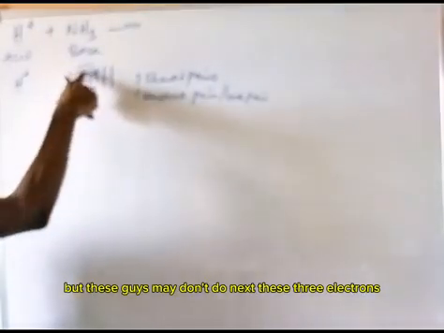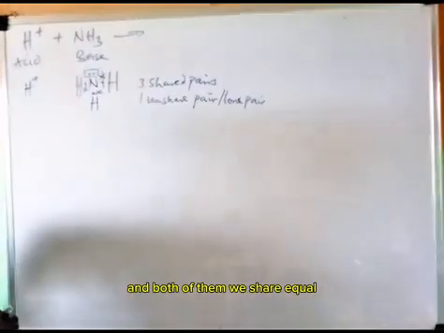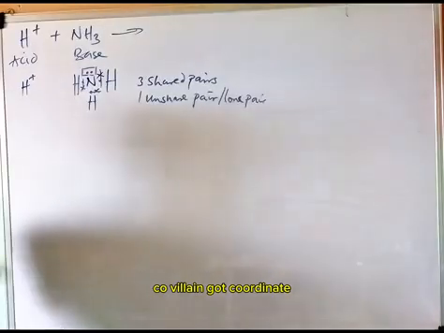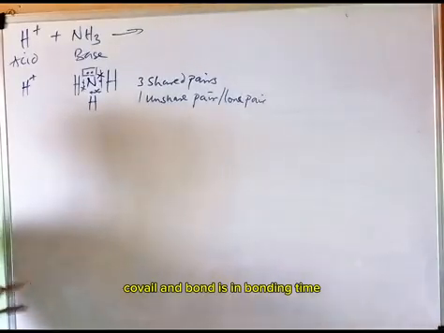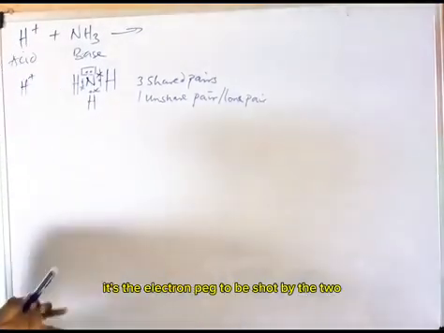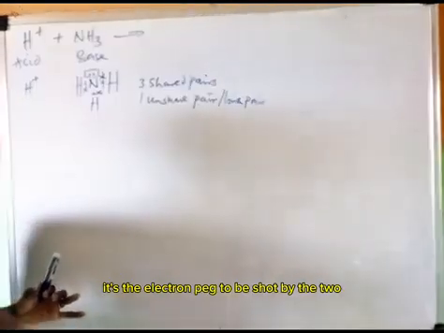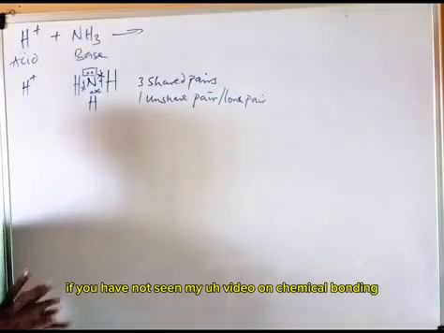So this guy is going to donate these 2 electrons, and both of them will share equally. And that's what you call a coordinate covalent bond. A coordinate covalent bond is a bonding type wherein only one atom or element donates the electron pair to be shared by the 2.